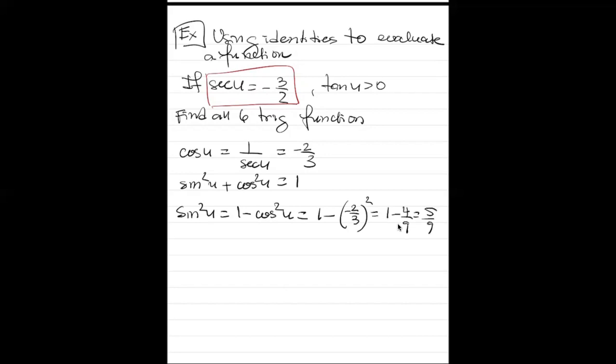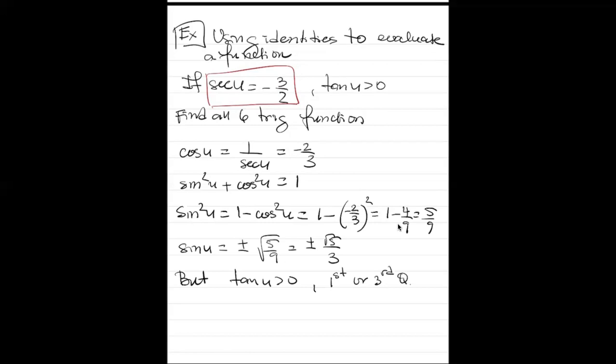Now that's the square of the sine. So sine of u would be normally plus or minus square root of 5 over 9, which is plus or minus root 5 over 3. But tangent of u positive tells us we are either in the first or third quadrant.